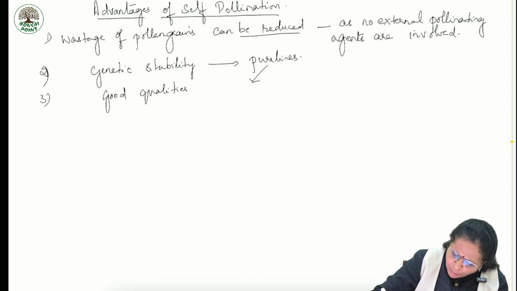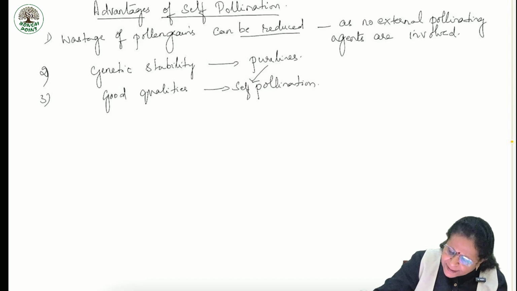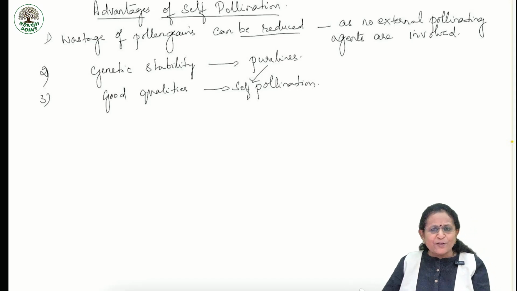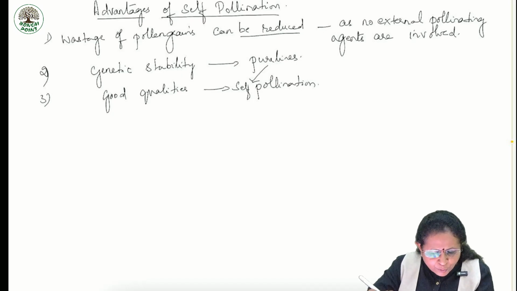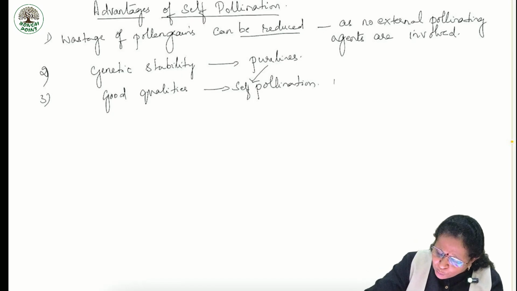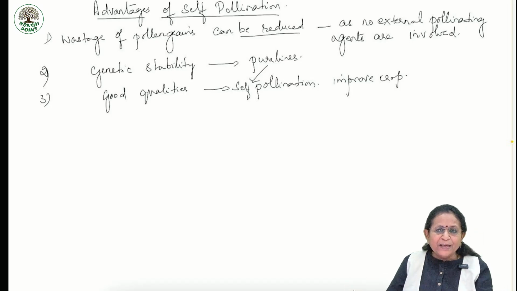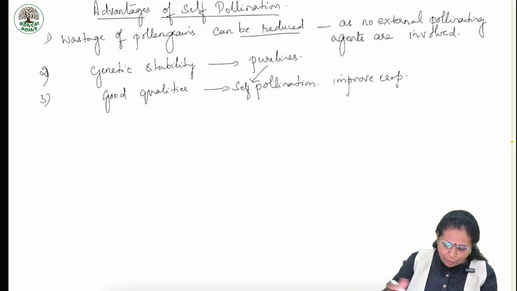When self-pollination is brought about, what happens? All the characters will be passed on to its offspring. Hence we say it is used to improve the crop. These pure lines can be used to improve the crops.